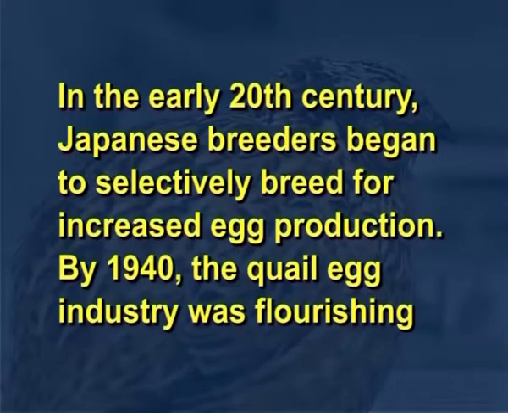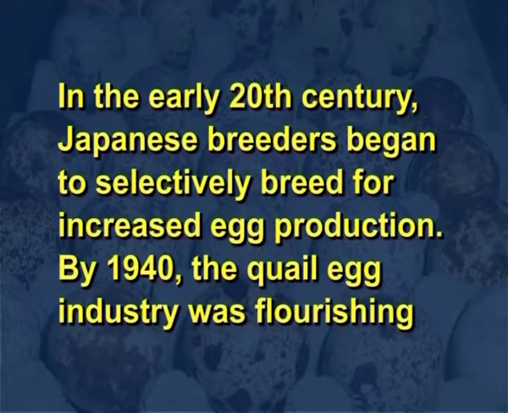They were originally kept as songbirds, and they are thought to have been regularly used in song contests. In the early 20th century, Japanese breeders began to selectively breed for increased egg production.